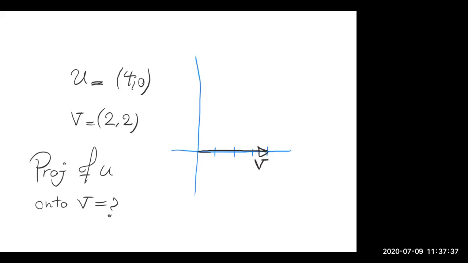And the other one, v, is 2 and 2, which is here. I want to find the shadow of u on v.